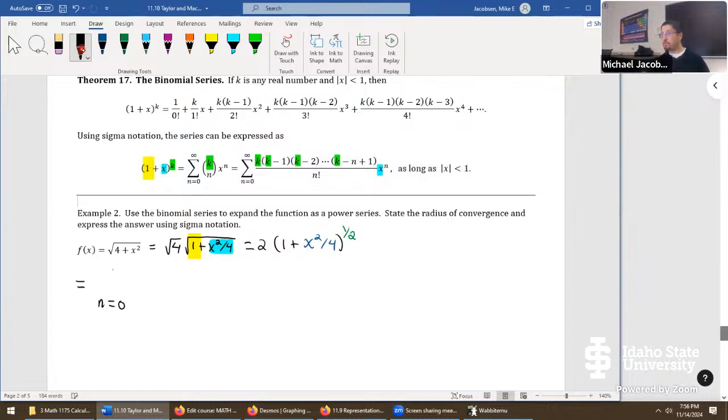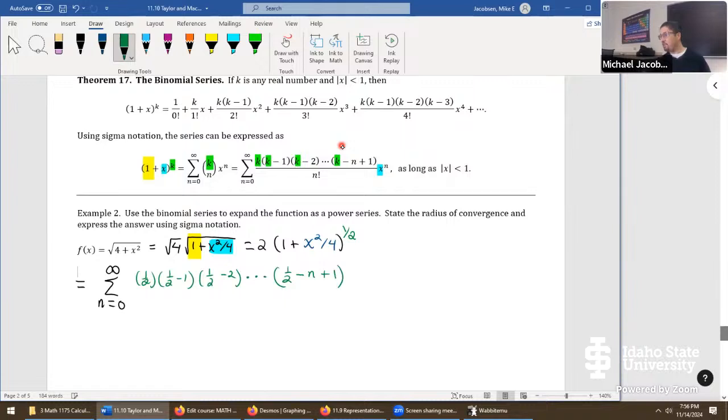It's a summation now as we go from 0 to infinity. Reading up from this line, we're going to get 1/2, 1/2 minus 1, 1/2 minus 2, and so on, all the way down the line until we get here, 1/2 minus n plus 1.